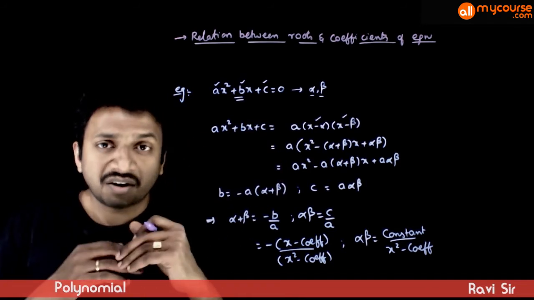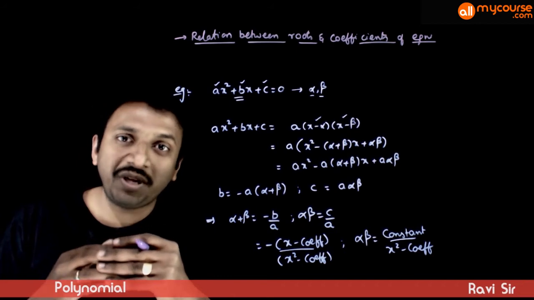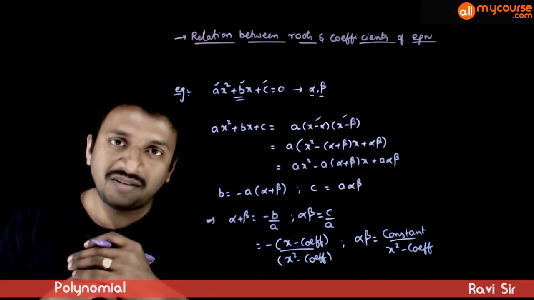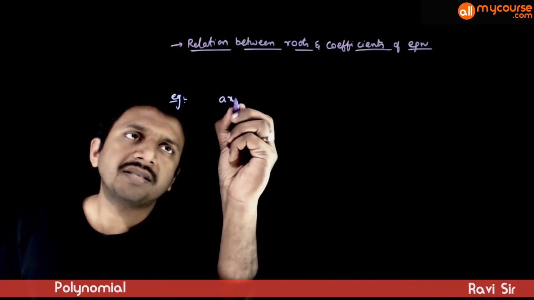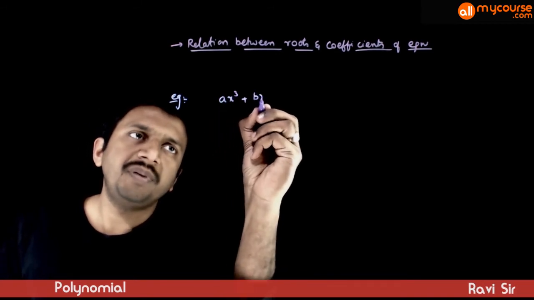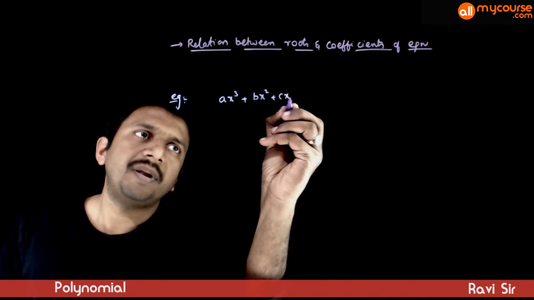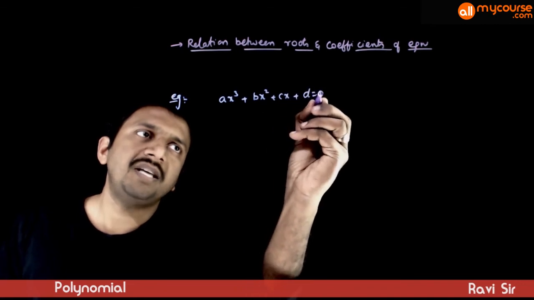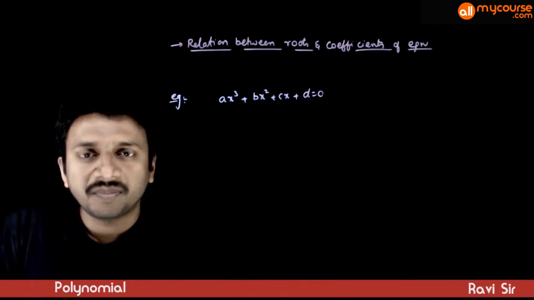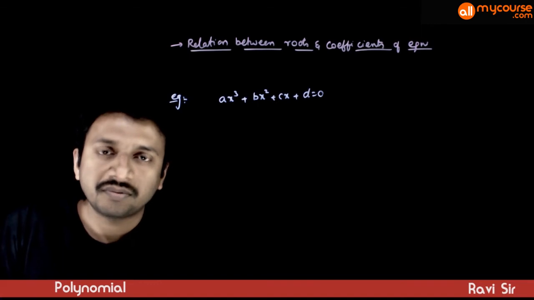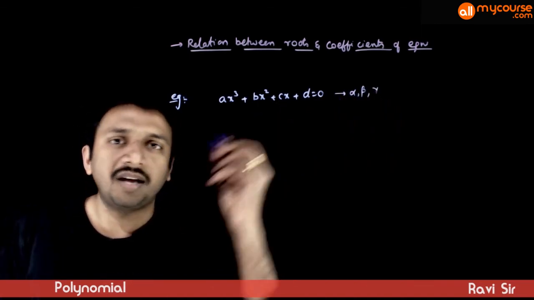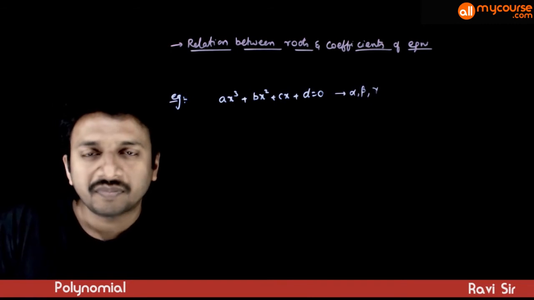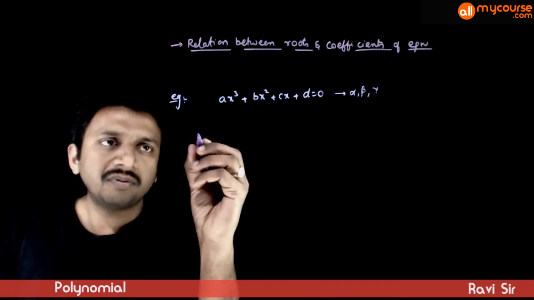Now let us do the same analysis for a cubic equation and see what the pattern is. So let us take the equation ax cube plus bx square plus cx plus d is equal to 0. This is a cubic equation. Let the roots be alpha, beta and gamma, as we have done before.